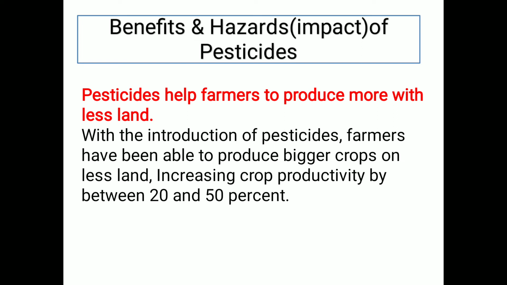But after the introduction and utilization of pesticides, our food grain production increased to near about 190 million tons in 1996 to 1997. So after the introduction of pesticide, to meet the demand of people, most of the pesticides are used, and due to that our food grain production is tremendously increased.